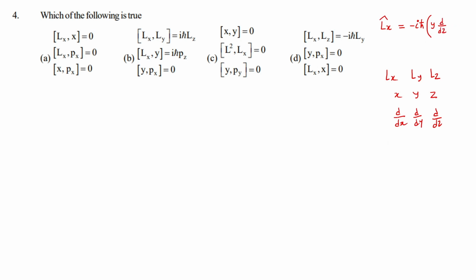Actually, I should have written this in terms of px, py, pz. Then it would make sense, right? Minus i h cut d by dx, dy, dz is nothing but px, py, pz. I will rewrite.